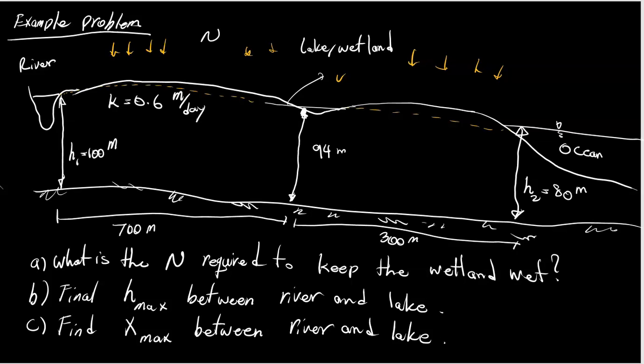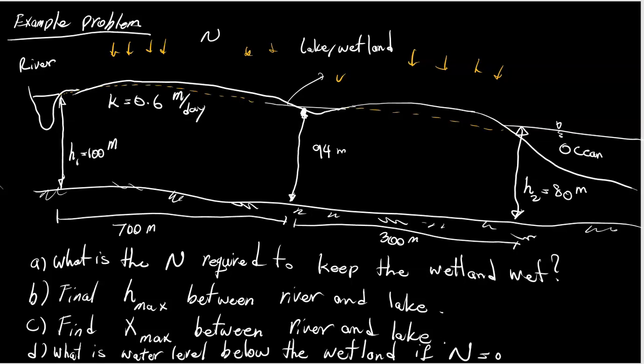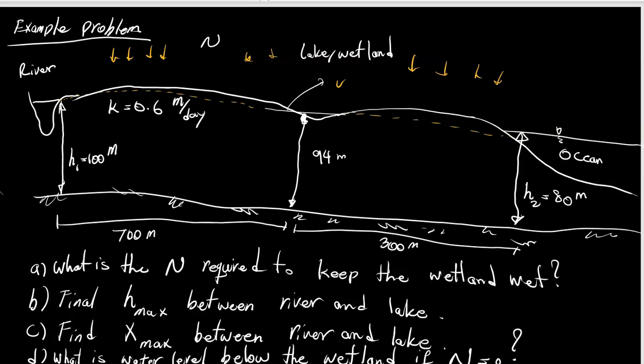And D, what is the water level below the wetland if N is 0. So these are the example questions that we have. Let me fix this: the K value is actually 0.5.